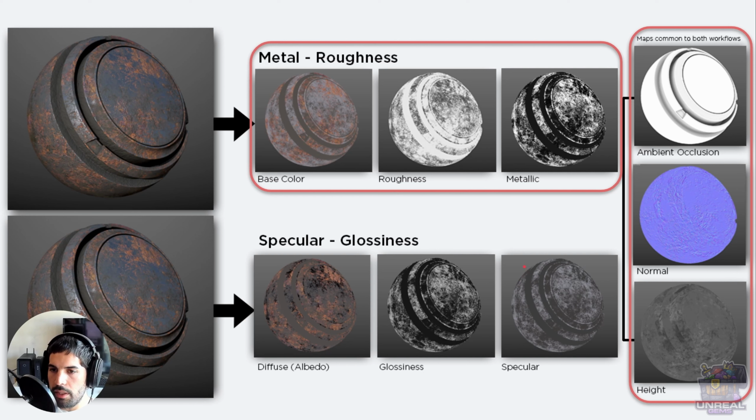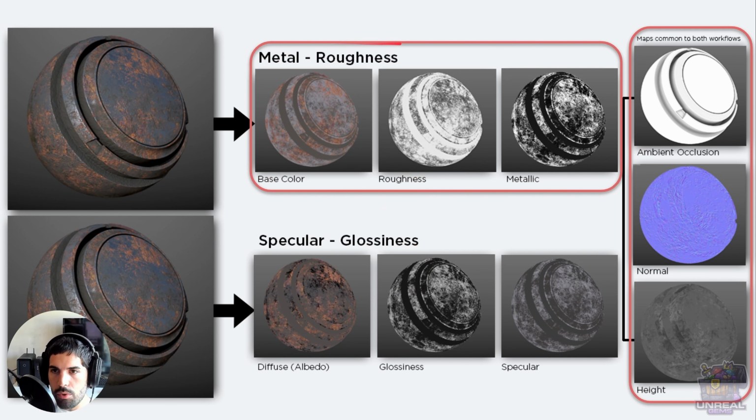We will explain later what the specular pin means in the Unreal Engine PBR shaders, but remember that it is not the specular maps from the specular glossiness PBR workflow. So be really careful with that. If you see diffuse, maybe glossiness maps, specular maps, you know that you need to avoid that material or convert it to a metal roughness workflow. But converting them is not straightforward.